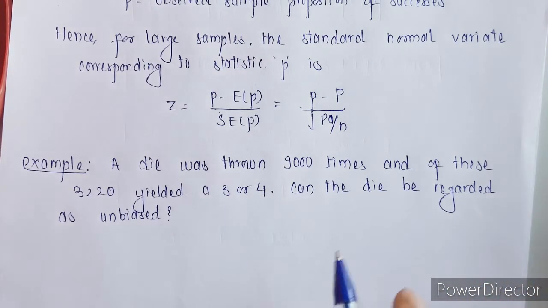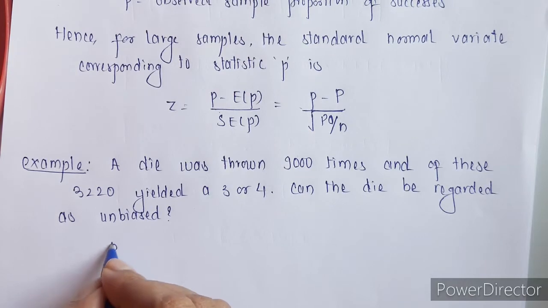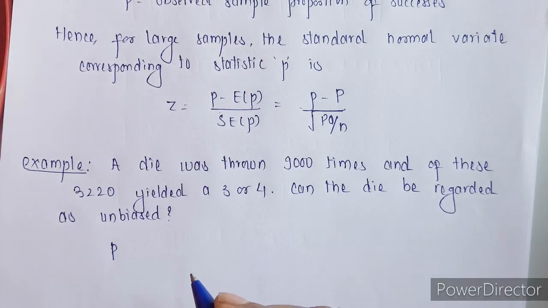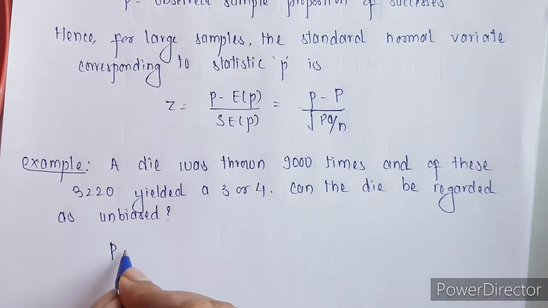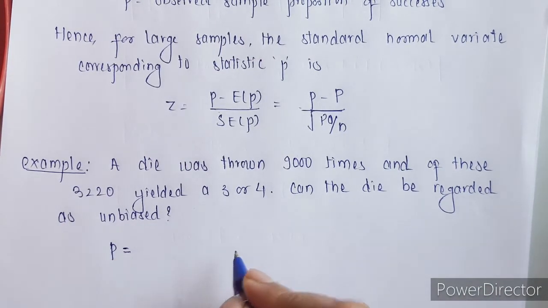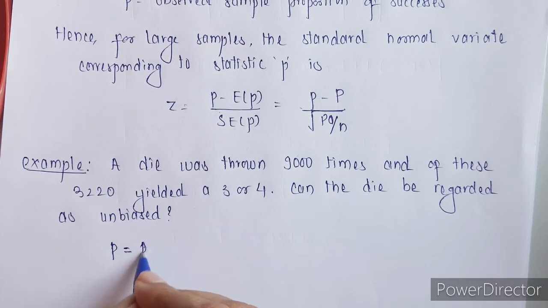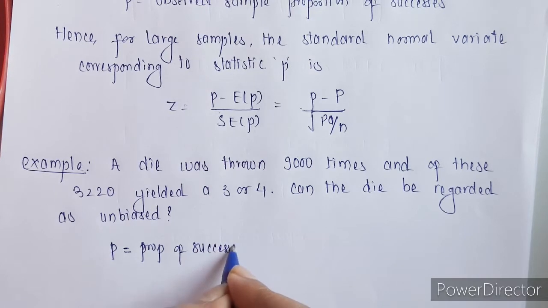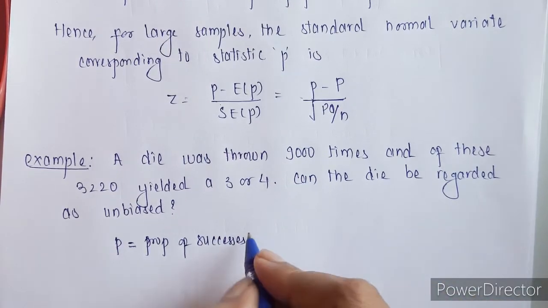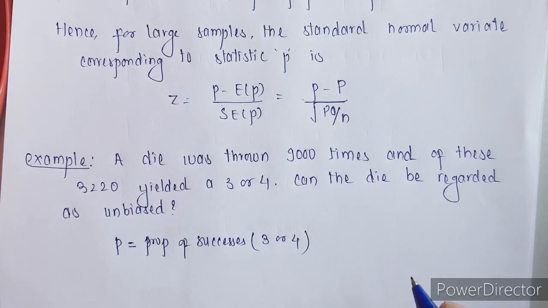Now this P is sample proportion of successes, and in this case success is nothing but getting 3 or 4 on a die.